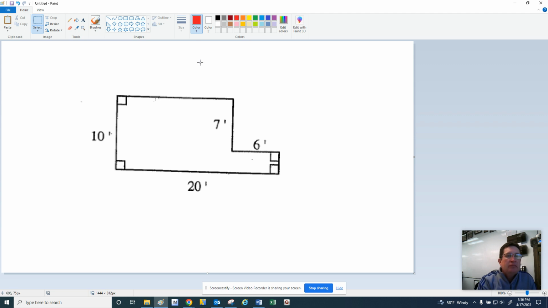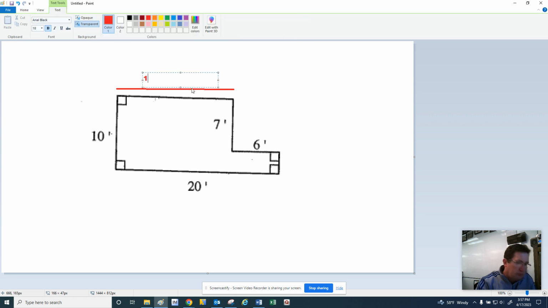Different people do this different ways. Some people on this problem will say to themselves, if this is 20 feet all the way across and then 6 feet here, then this distance that I'm marking is actually 14 feet.